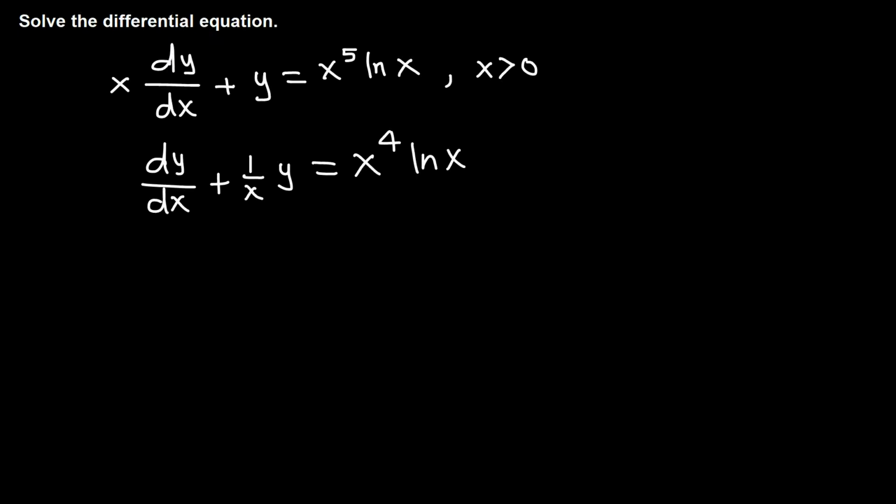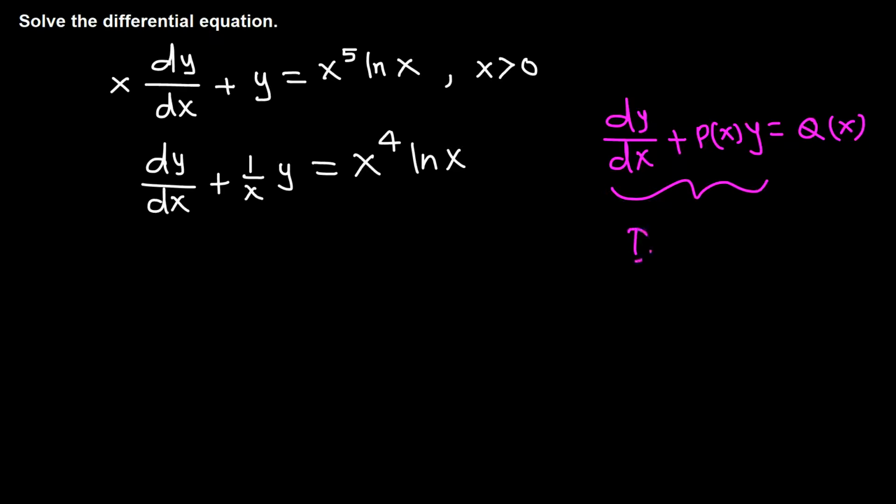Now this is in the standard form of linear, and we know that when we have dy over dx plus p(x) y equals some function, then to make this exact, we find an integrating factor. The integrating factor is just e raised to the integral of this function p(x) with respect to x.